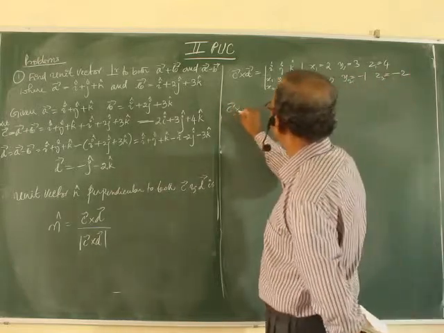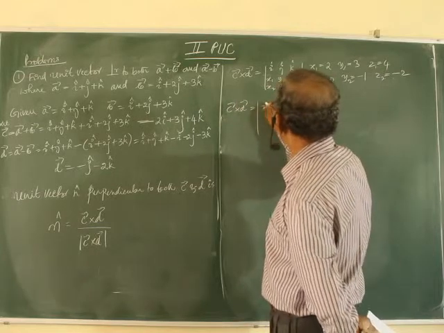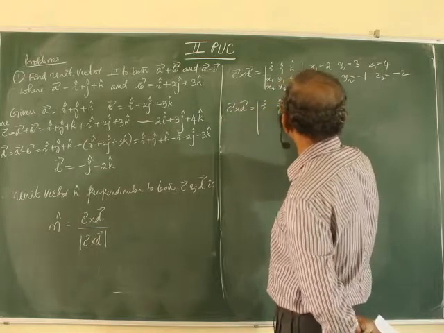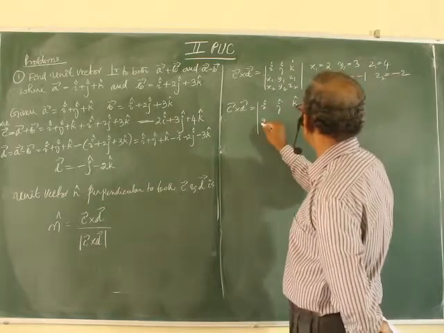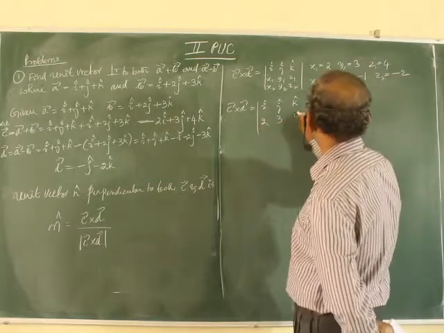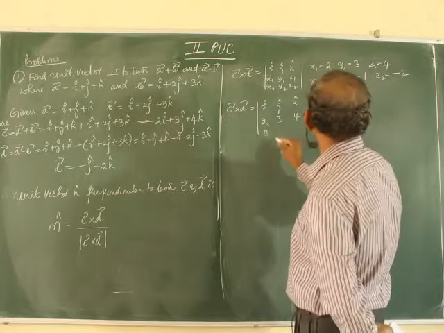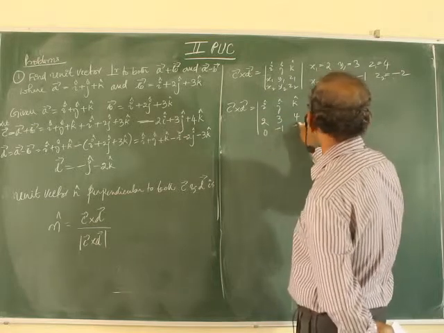c cross d equals the determinant i, j, k; 2, 3, 4; 0, minus 1, minus 2.